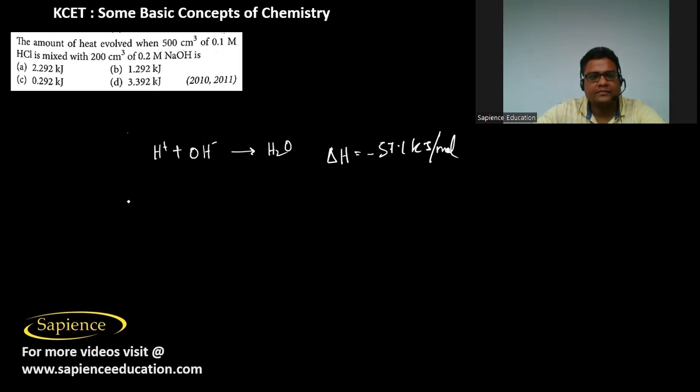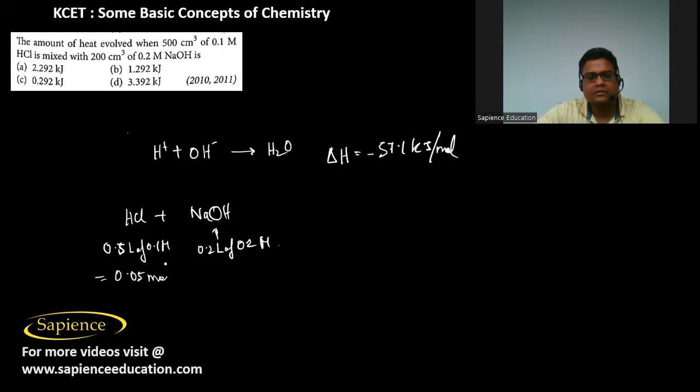So here HCl is mixed with NaOH. It is told 0.5 liter of 0.1 molar HCl, and NaOH taken is 0.2 liter of 0.2 molar NaOH. So the number of moles of HCl is 0.05 moles, and here 0.04 moles of NaOH is taken.